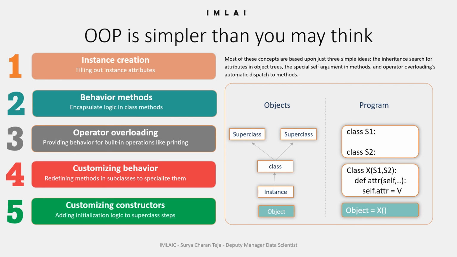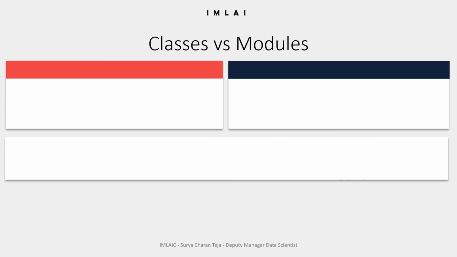And finally, before finishing our oops module, let us also discuss a bit about the difference between classes and modules, because we have been using these terms classes and modules frequently for so long. I thought it would be better if I discuss the difference between both.